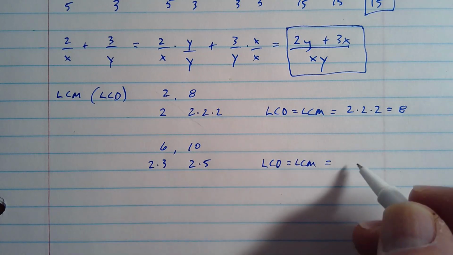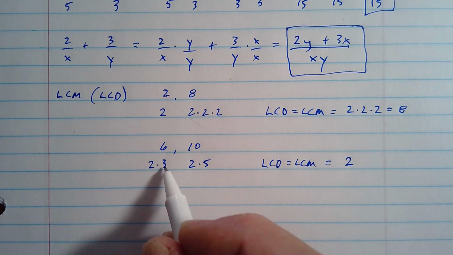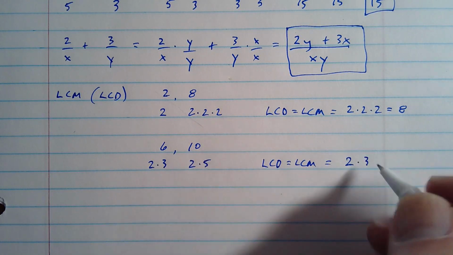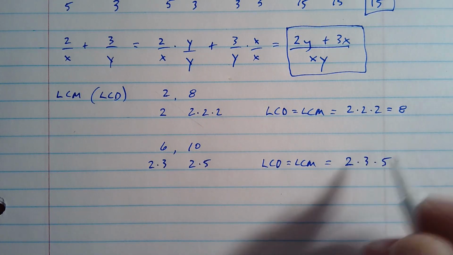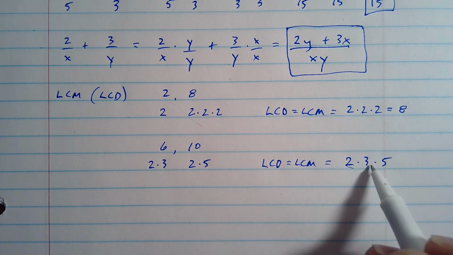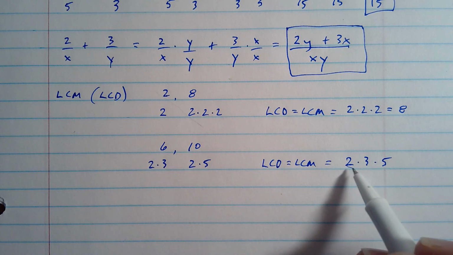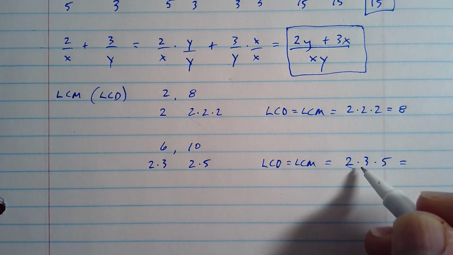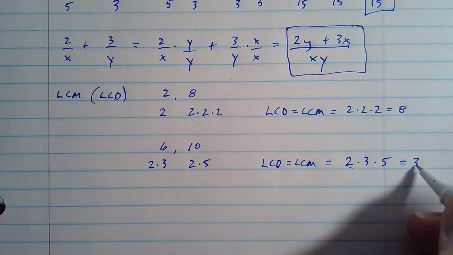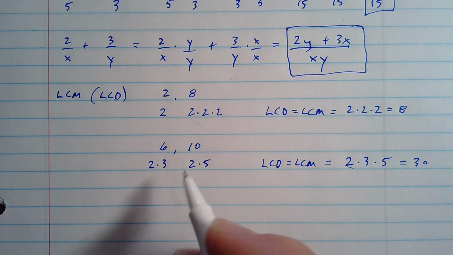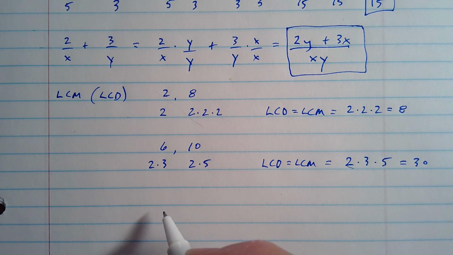So each of them need a 2, so that's going to be part of it. I need a 3 to build the 6, but I also need a 5 to build the 10. So I would need these 3 numbers to be able to make 2 times 3. There's the 2 times 3, and 2 times 5. No repeats necessary. So there it is. 2 times 3 is 6, times 5 gives 30. And I know some of you can do these in your head. I'm just showing you. You'll see why in just a little bit here.